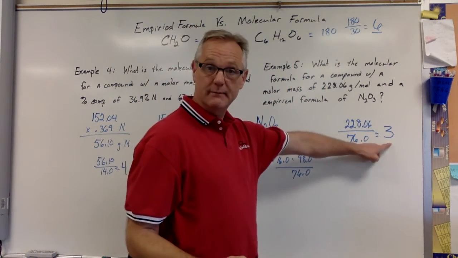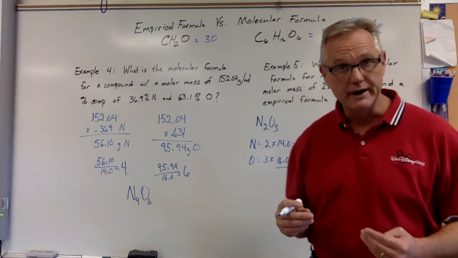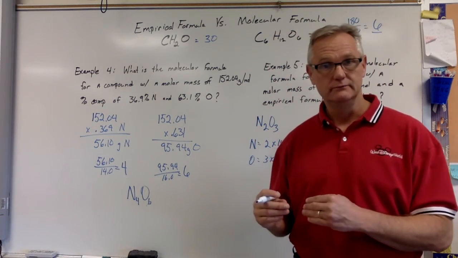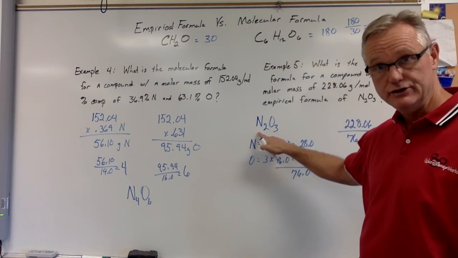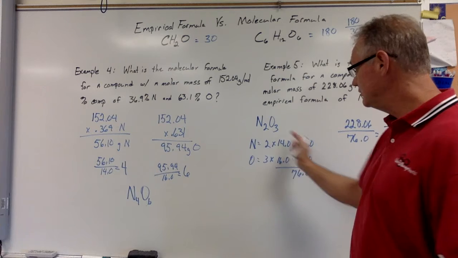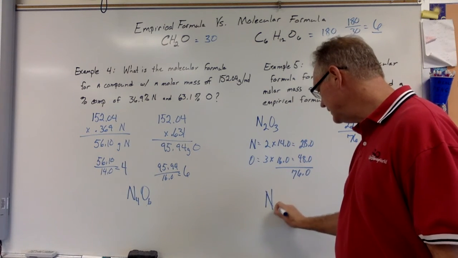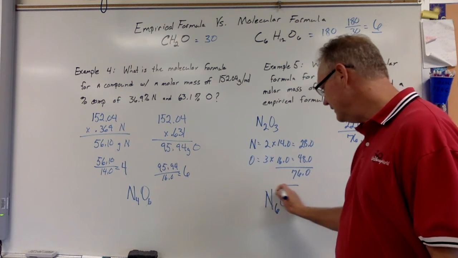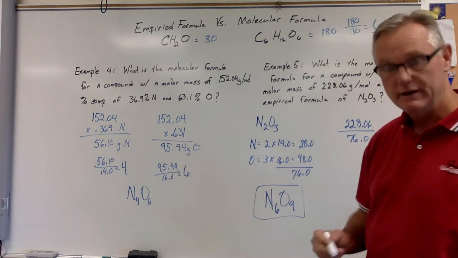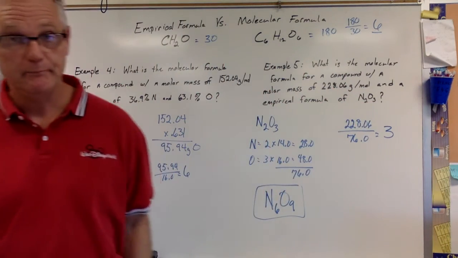So this means that my molecular formula is a multiple of 3 of my empirical formula. You say, so what does that mean? Take my empirical formula here, N2O3, and distribute a 3 throughout it. So 3 times 2 is 6, and 3 times 3 is 9. So that is going to be my molecular formula for the second type of problem, N6O9.